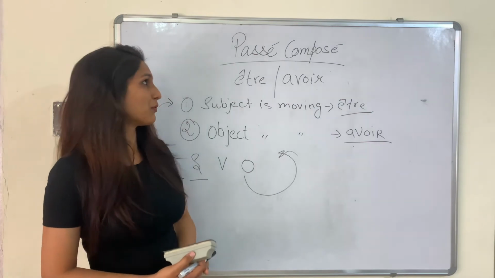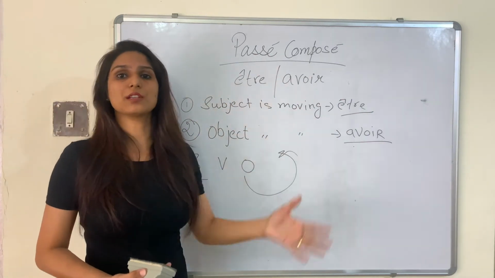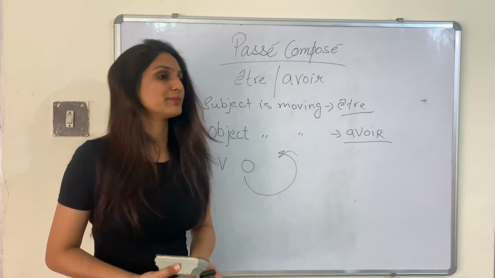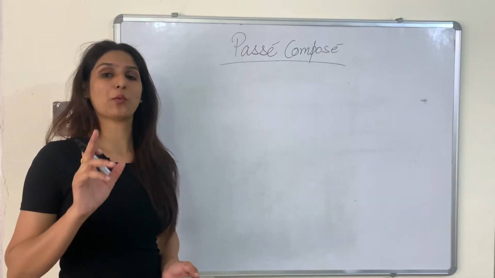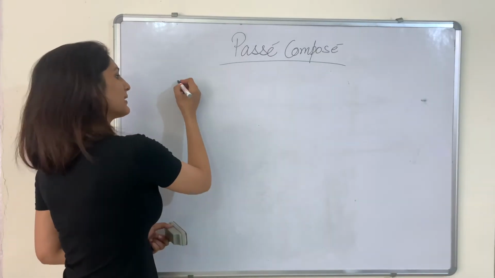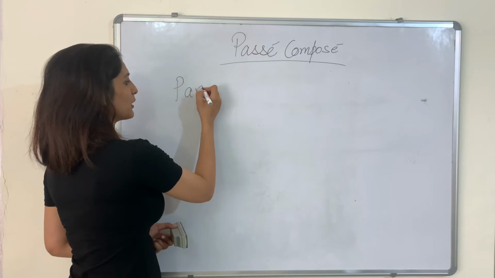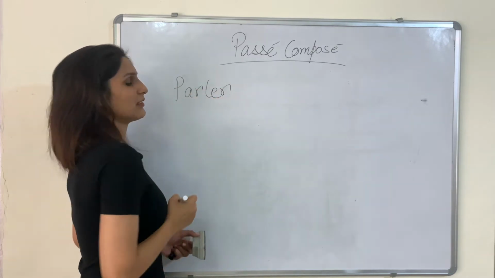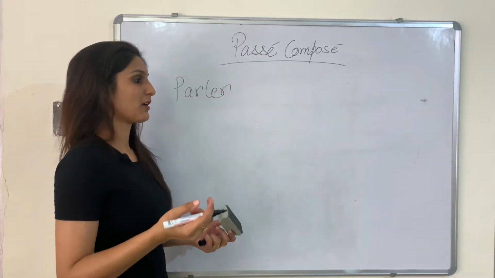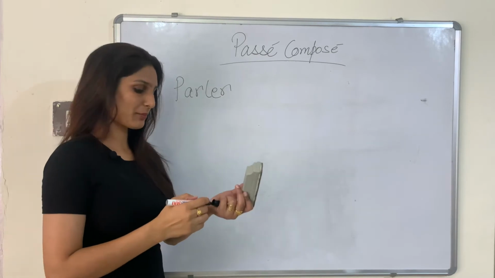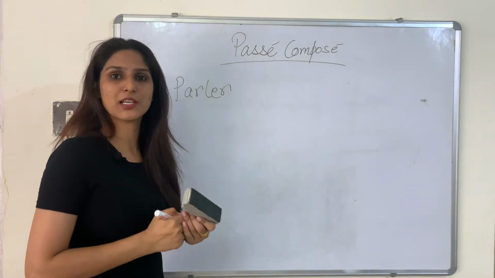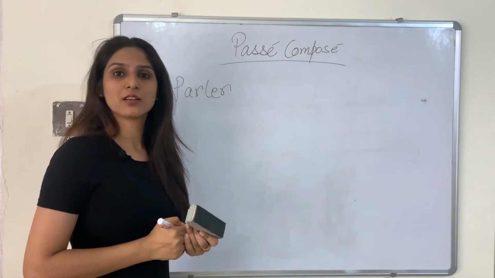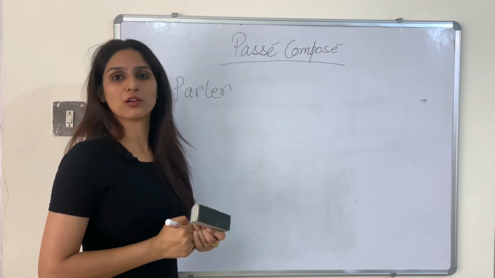Okay, now let's move forward towards the formation of the passé composé. We are going to take one very basic verb, parler, which means to speak. Now in the present I speak, so I will say je parle, but I want to say I spoke.